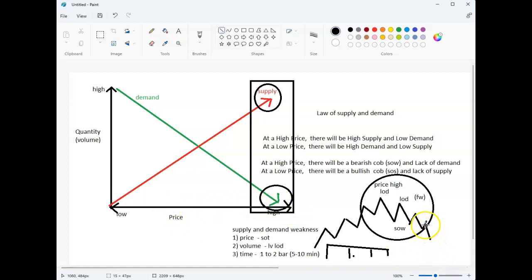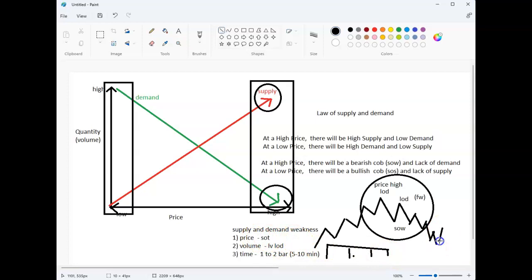Until what? Until the same thing. Until you hit this point where you have high demand and low supply, which will show itself typically as low volume and or shortening of the thrust.